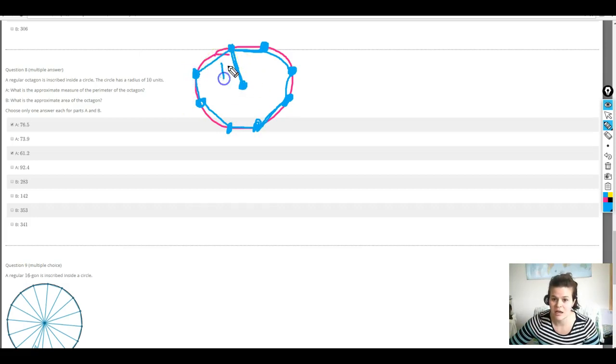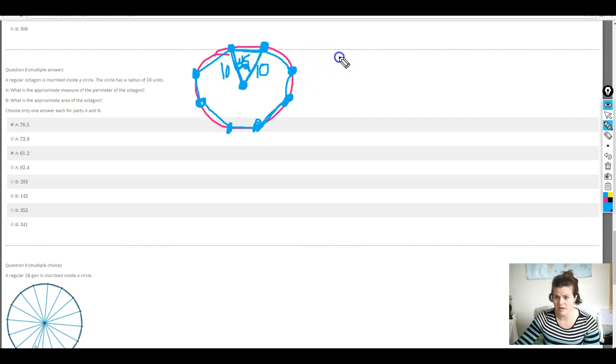So this is 10 units, and if I were to connect to an adjacent vertex, that would be another radius, which would give us a length of 10. And now I could find the angle right here, which is 45 degrees.